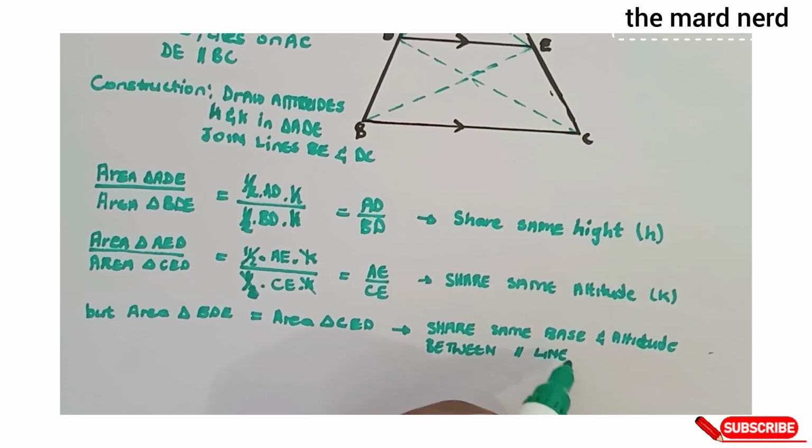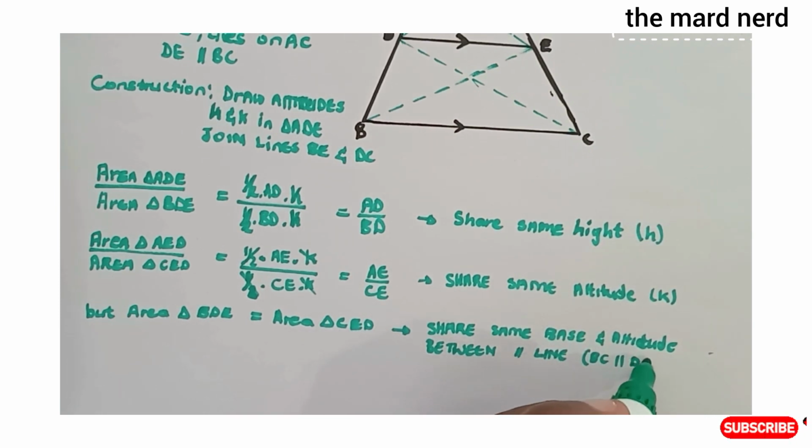We can also mention those parallel lines as BC, that is parallel to DE.